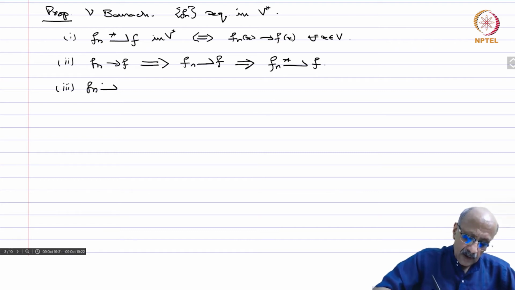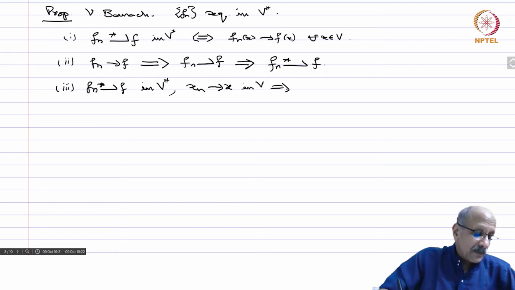fn weak star converges to f in V star and xn converges in norm to x in V. This implies fn of xn converges to f of x.